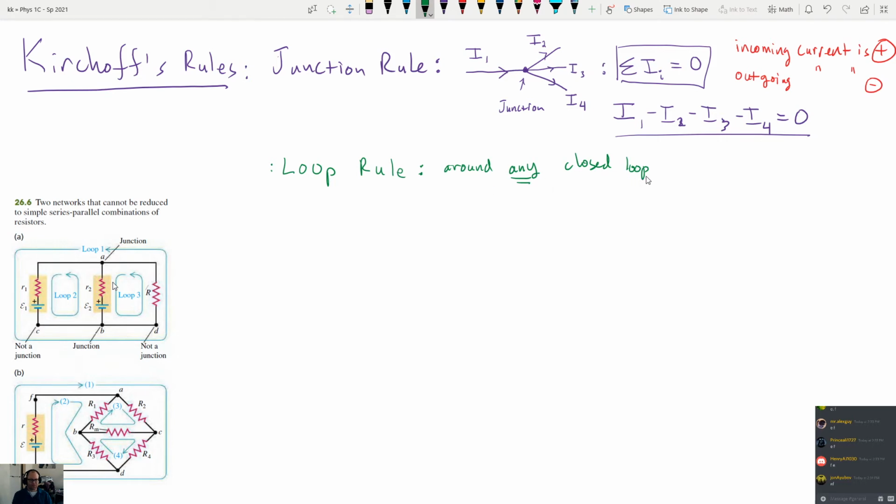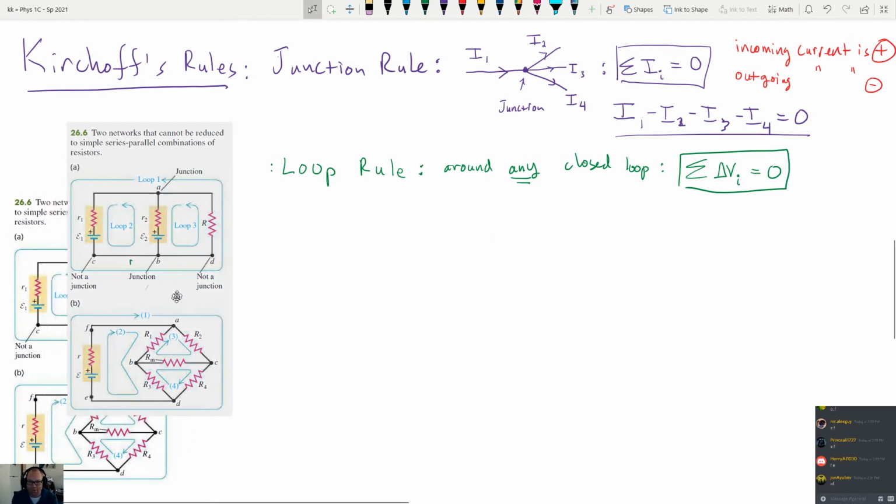Around any closed loop basically means you start from one point in a circuit and go around in a circle. We know that if I sum up all of the voltage drops, these should sum to 0. That is the loop rule. Now, the way in which we actually use the loop rule requires some conventions that I'm going to state for you now, but let's talk about what a loop is first.